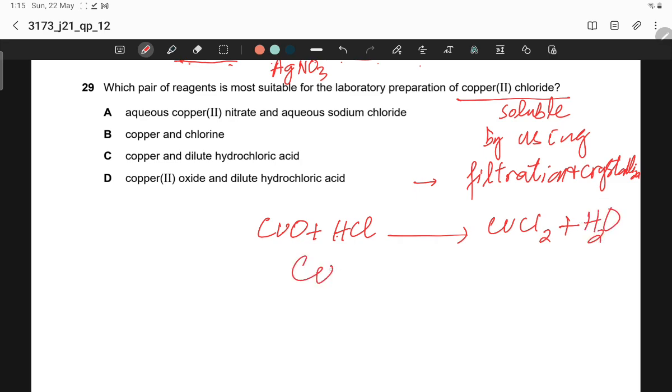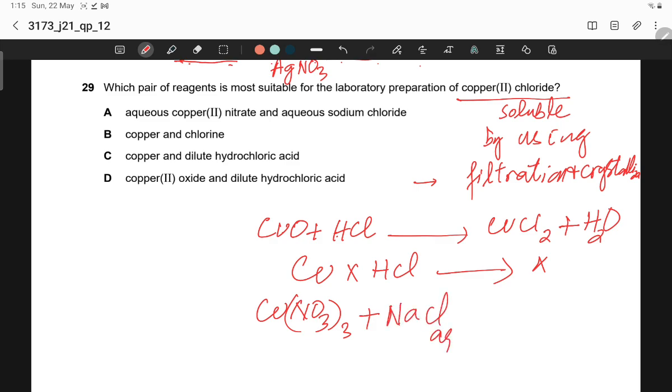So copper cannot react with dilute HCl. No reaction because copper is the least reactive metal. So copper nitrate and sodium chloride also cannot be used.